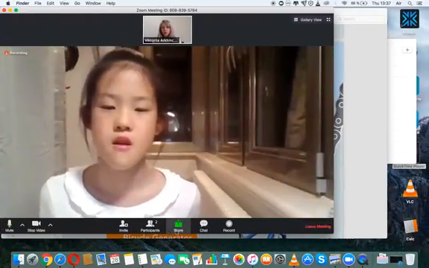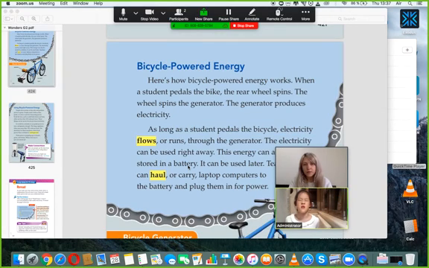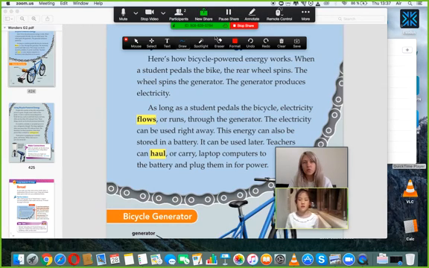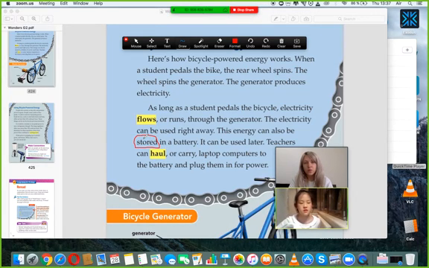And now let's see what clues we have. So if we have the word stored here, what sentence can explain the meaning of this word? The energy can also be stored in a battery.